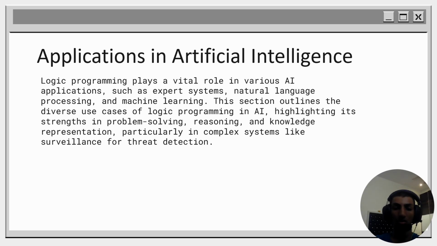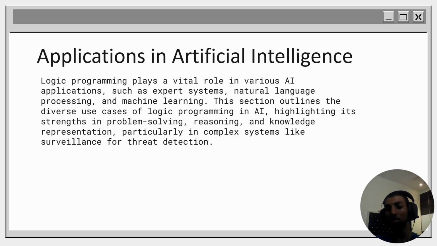So, logic programming plays a vital role in various AI applications, such as expert systems, natural language processing, and machine learning. This section outlines the diverse use cases of logical programming in AI, highlighting its strength in problem solving, reasoning, and knowledge representation, particularly in complex systems like surveillance and threat detection.